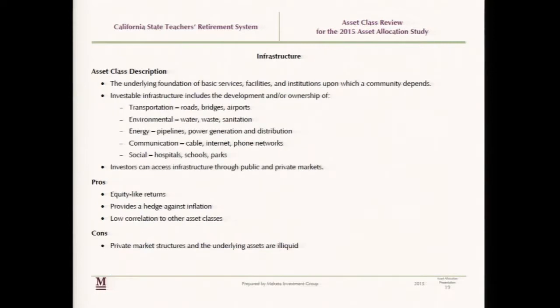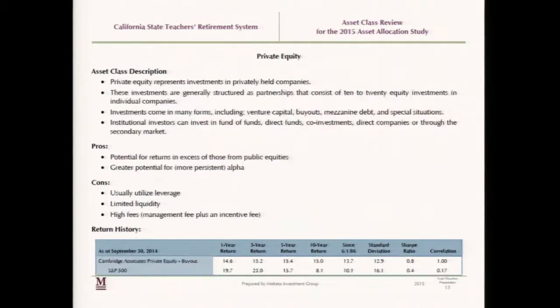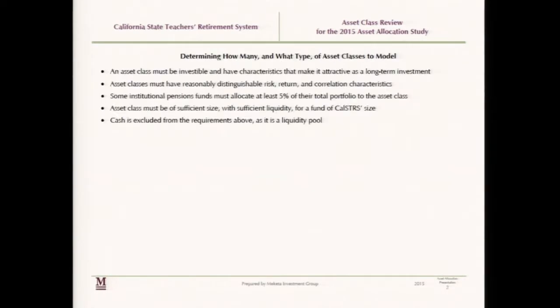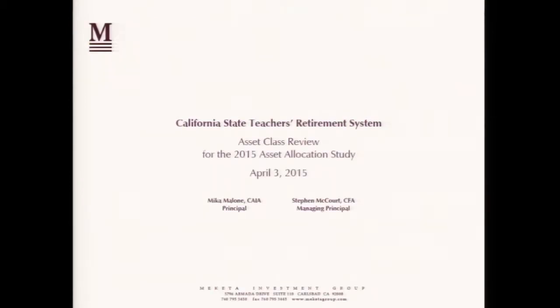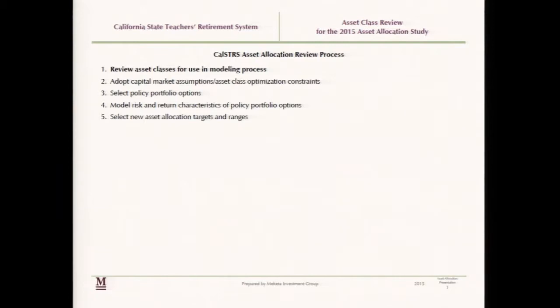Okay, let's see if I can get back to the beginning of our presentation. As Stephen and Chris relayed, this is now an informational item, so we're not planning to spend a lot of time on the details here, but we did want to give you a sense of how we view asset classes, and more importantly, how we think about modeling asset allocation policy.